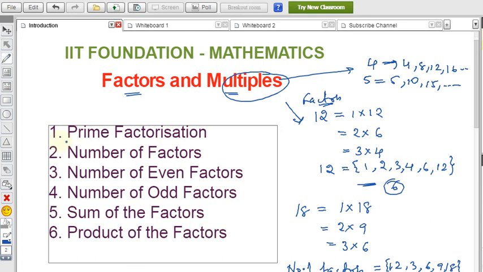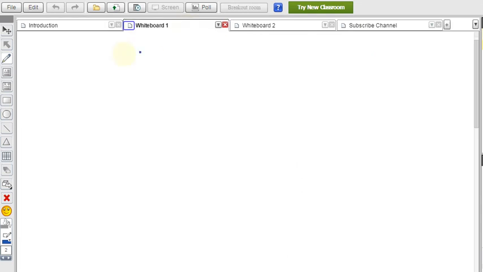To find either the number of factors or the number of even or odd factors, we should know how to do prime factorization. So first I'll explain prime factorization, and we'll see how to find the number of factors without finding the factors individually. Let me take prime factorization first.